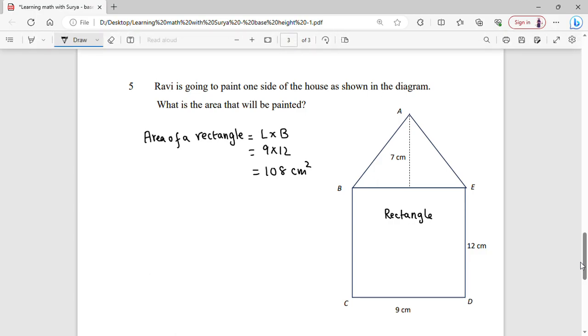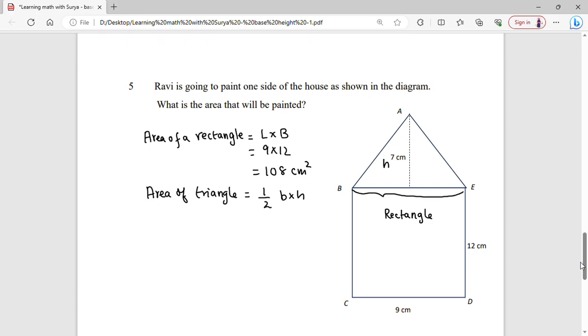Now let's come to the area of a triangle. Yes, I am very clear of one thing, that is the height, which is this one, h. What happens to the base? You will see that this and this side, opposite sides are equal.